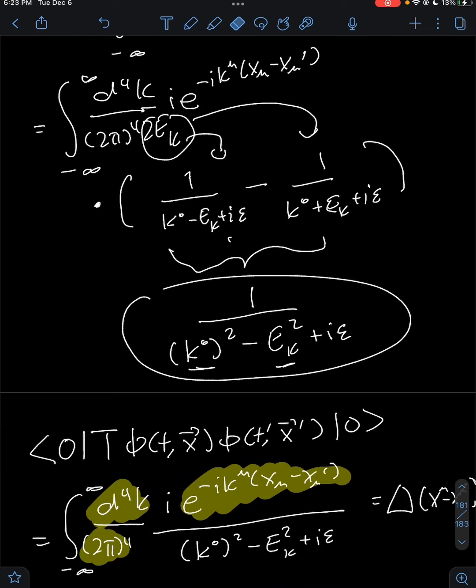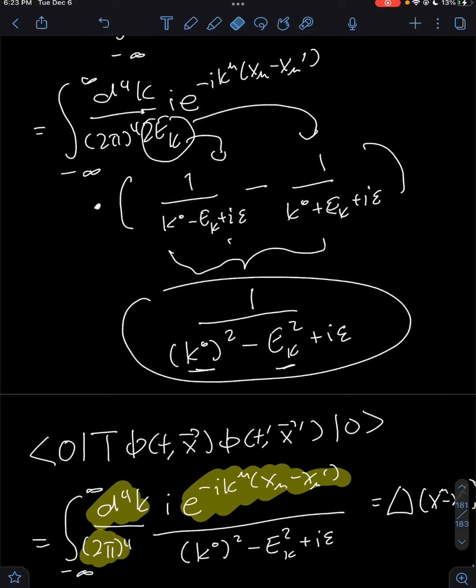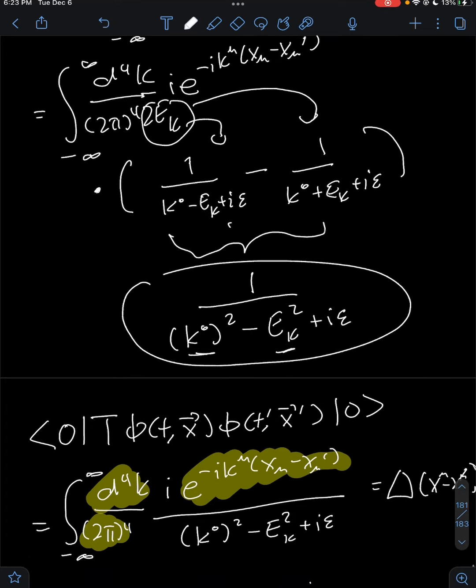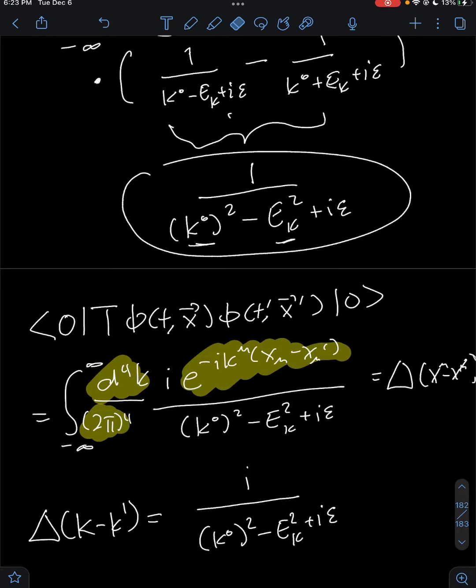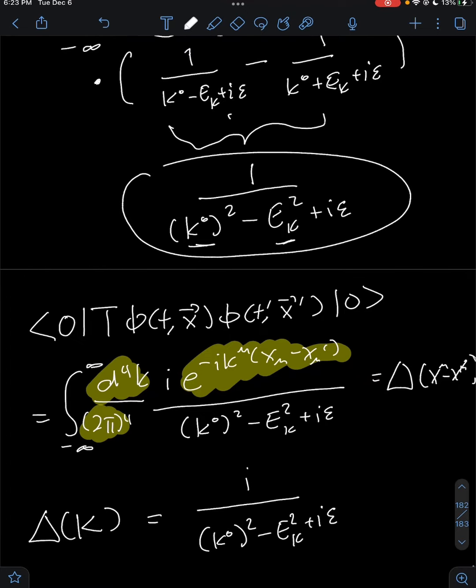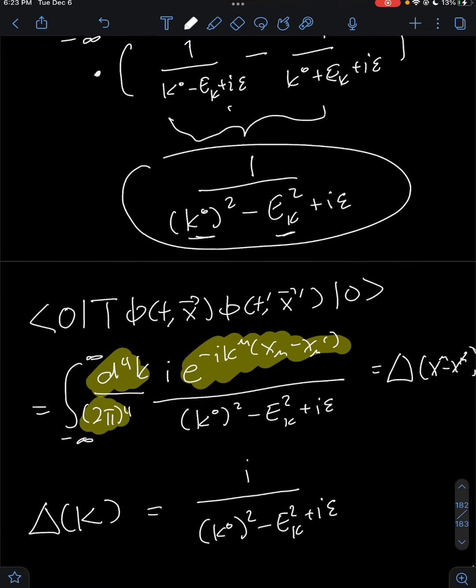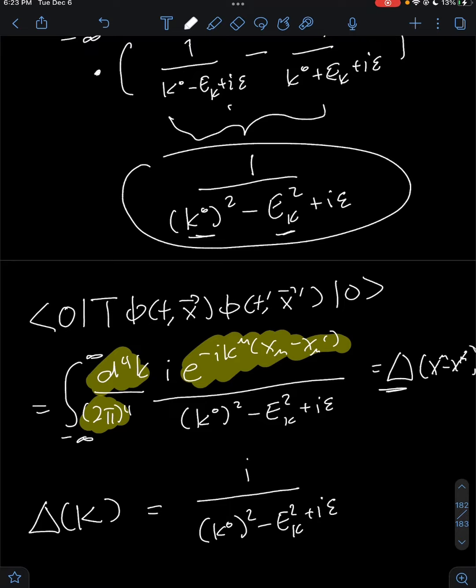I've highlighted some things because we can note that the Fourier transform of this expression over here is just going to be this right over here, which gives us delta. I'm just going to call it delta k. A shorthand term for the Feynman propagator, delta is a common way.